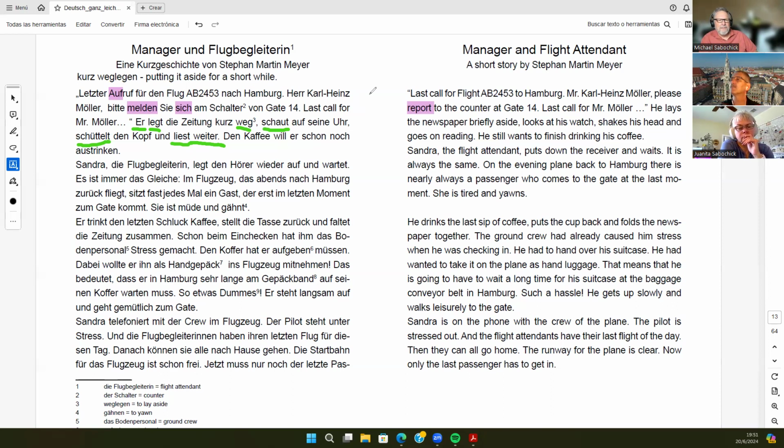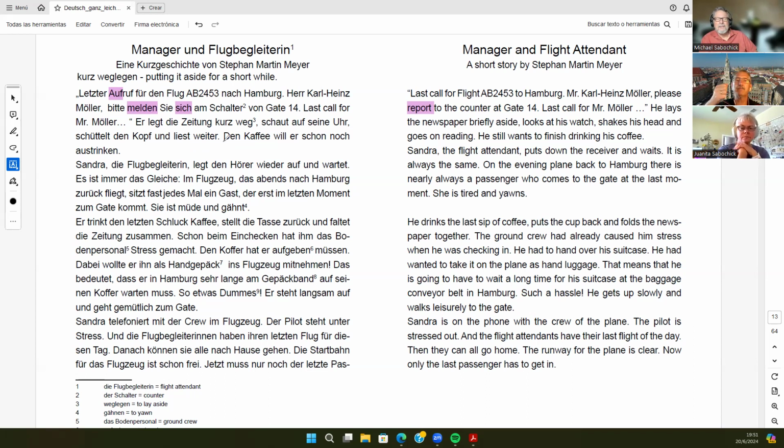So den Coffee will. Den Coffee is the accusative. So he will continue drinking his coffee. Austrinken.